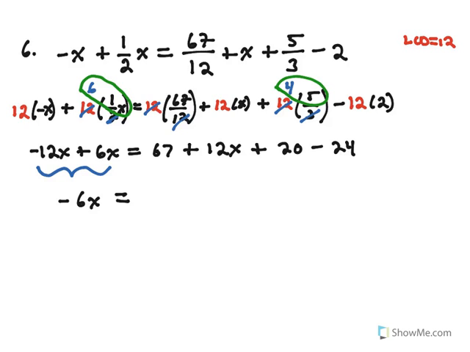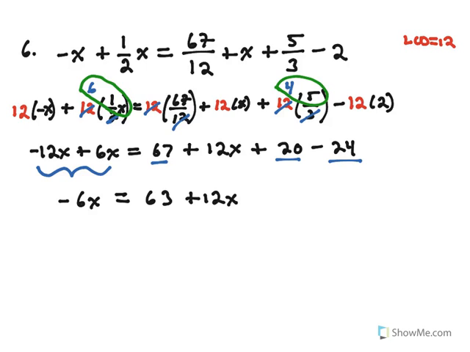And then here we can combine 67 plus 20, which I believe is 87, and then 87 minus 24 is 63. Plus 12x.